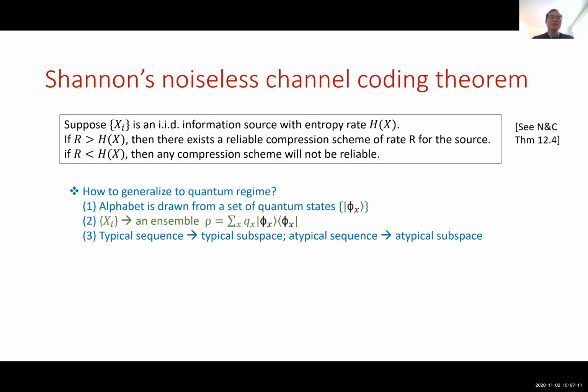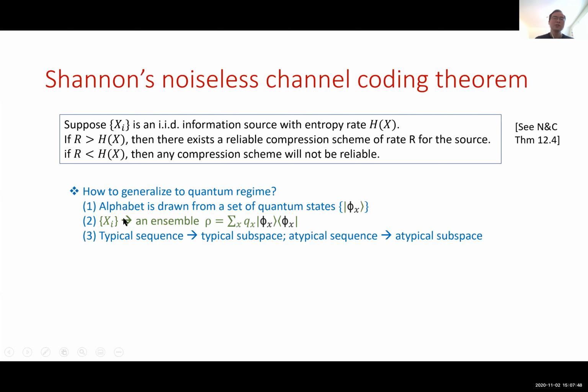So the question for us to ask is, how do we generalize this to the quantum regime? In the quantum regime, the alphabet is going to be drawn from quantum states. So you may have a set of quantum states, phi x, where x is just a subscript to indicate which letters, for example. And it would also appear with certain probability labeled as qx.